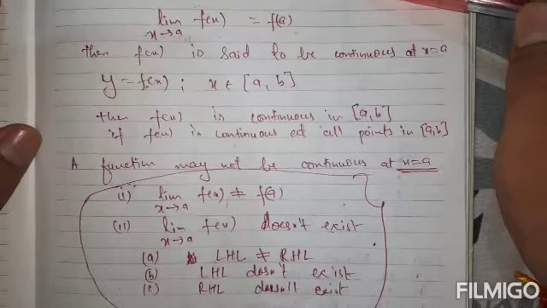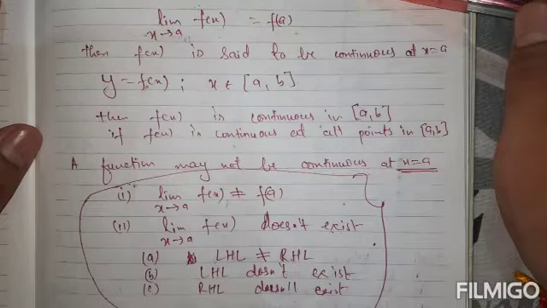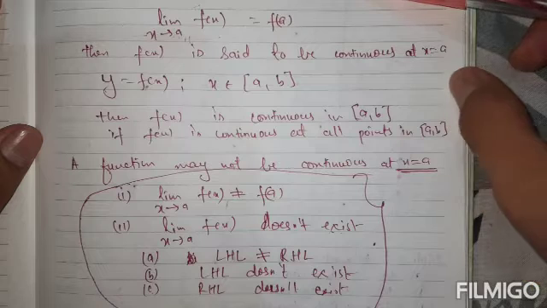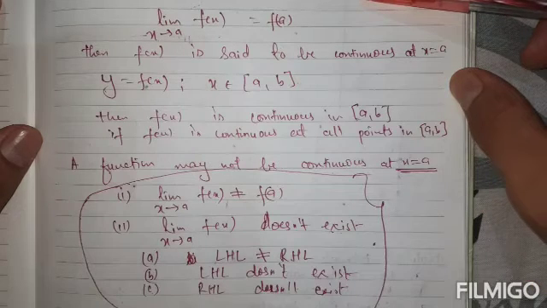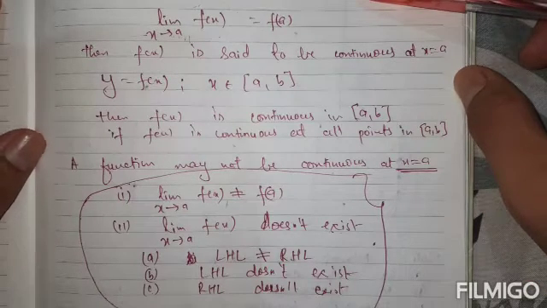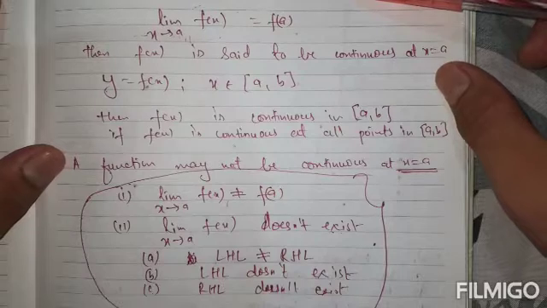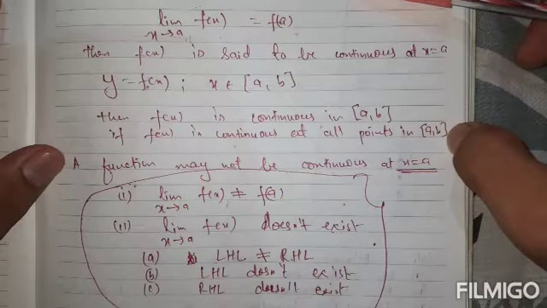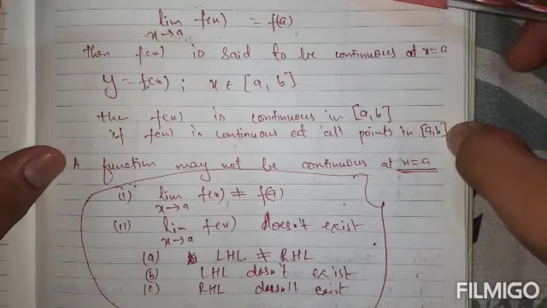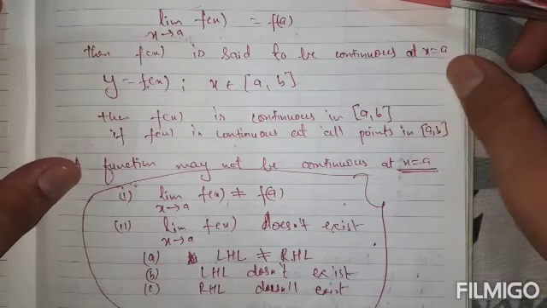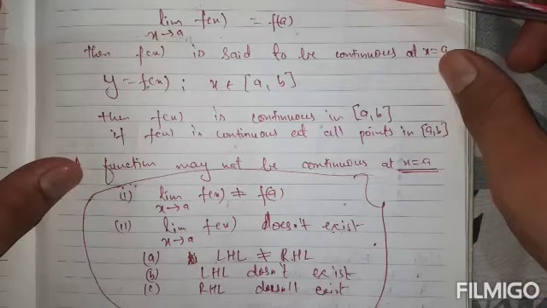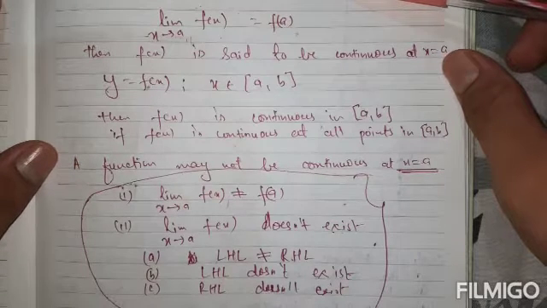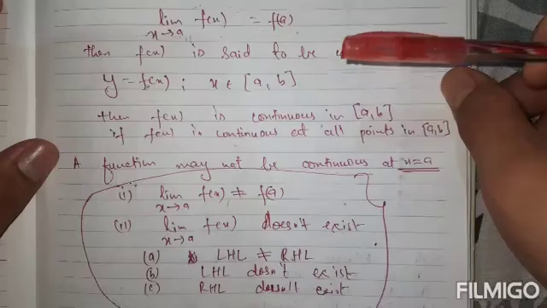Now the question arises: how to check that the function is continuous at all points in this interval? In any interval there are an infinite number of points, so we cannot check the continuity of a function at all the infinite values in the interval. So instead of checking whether the function is continuous, we check the discontinuity of the function in this interval.